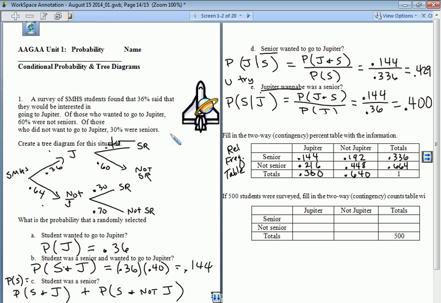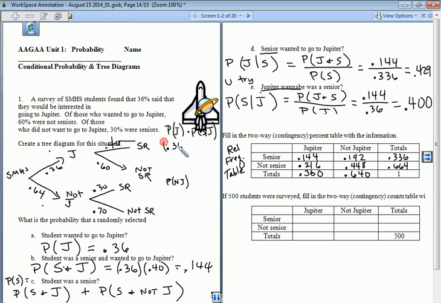Okay, one way we could have gotten some of this information was to do the probability of Jupiter, and in this case it would be the probability of not Jupiter, times the probability of senior given Jupiter. So here, this is the probability of Jupiter, senior given Jupiter.